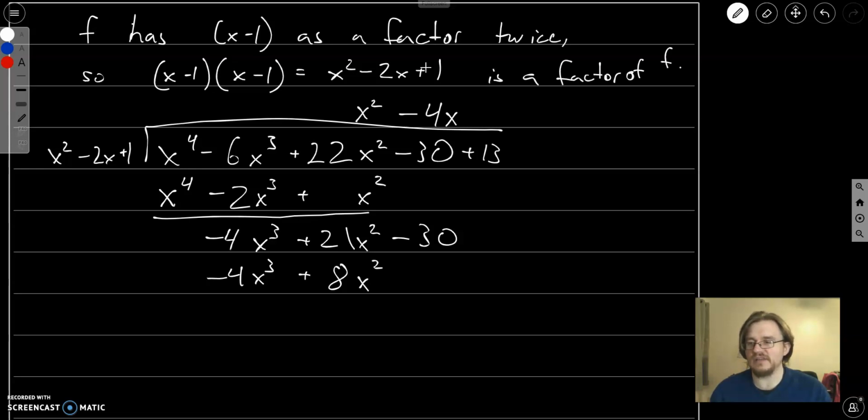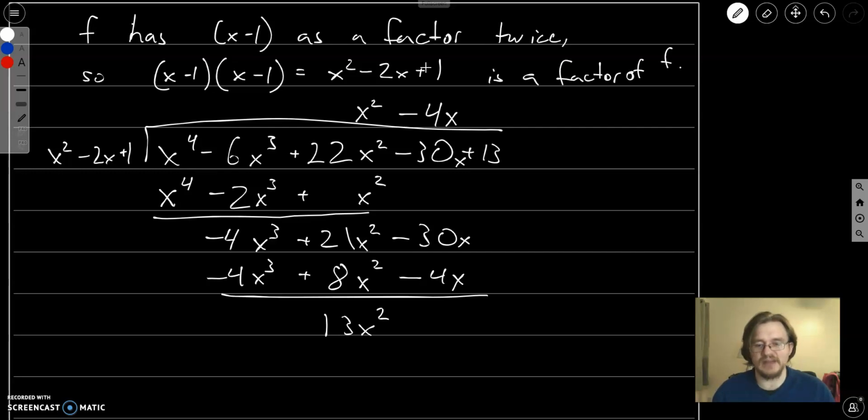And then minus 4x times the 1 will be minus 4x. So minus 4x cubed minus minus 4x cubed, those are the same, so those will cancel out. 21x squared minus 8x squared is 13x squared. Minus 30x minus a negative 4x will be minus 26x after we cancel out the negative signs, plus 13.